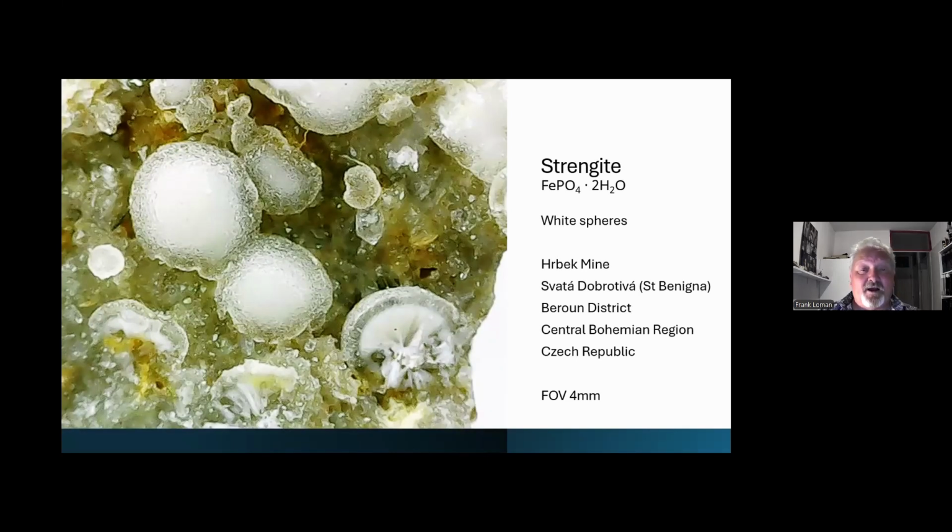It shows white strengite spheres with a coating, probably a silica gel of some kind, from the Hrvek mine in the central region in the Czech Republic. What is special about it is that you can see clearly that the center is the strengite and that there is a coating over it.